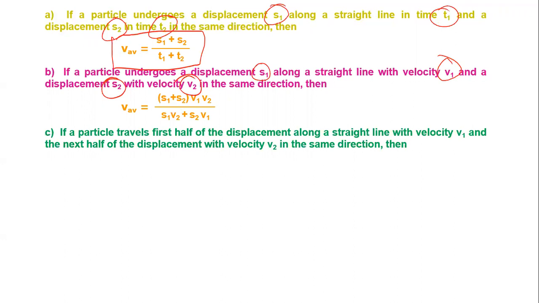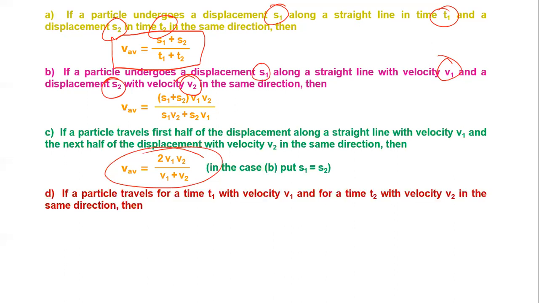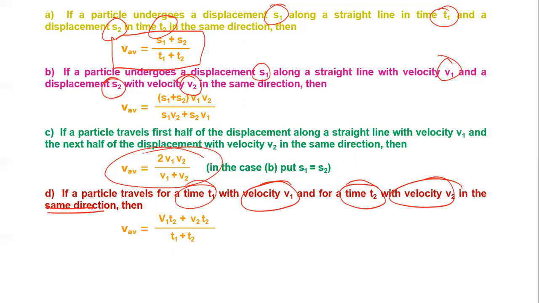If a particle travels the first half of the displacement along a straight line with velocity v1 and the next half with velocity v2 in the same direction, then average velocity is given by 2 v1 v2 divided by (v1 plus v2). Fourth, if a particle travels for time t1 with velocity v1 and time t2 with velocity v2 in the same direction, then V average is equal to (v1 t1 plus v2 t2) divided by (t1 plus t2).